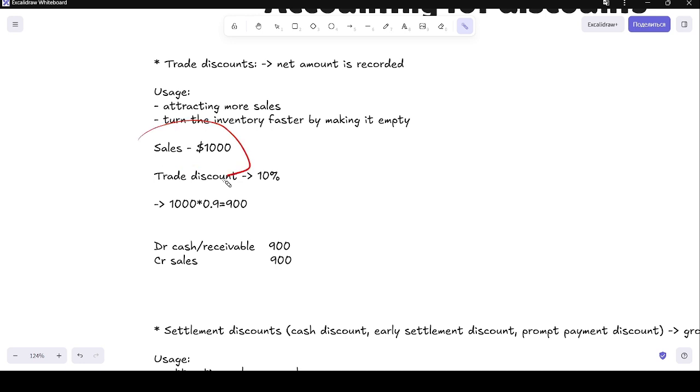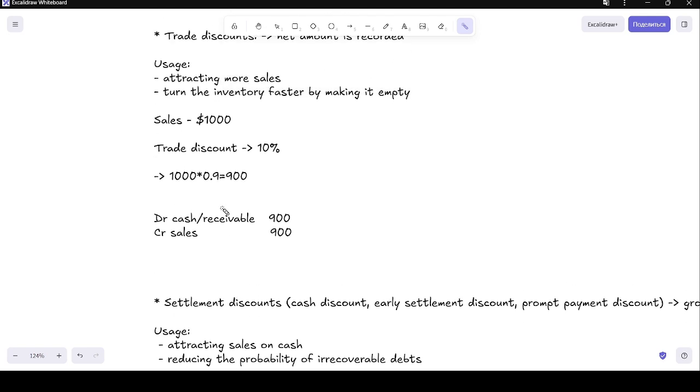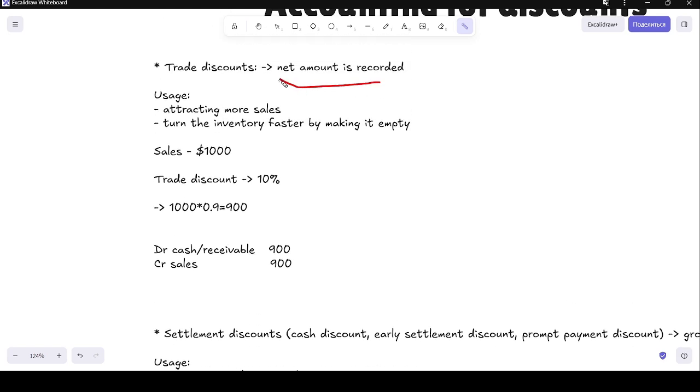For example, let's imagine we are making sales of $1,000 and the trade discount is 10%, right? And this is also another theoretical part. Net amount is recorded. This means we will reduce the 10% discount in our double entry.